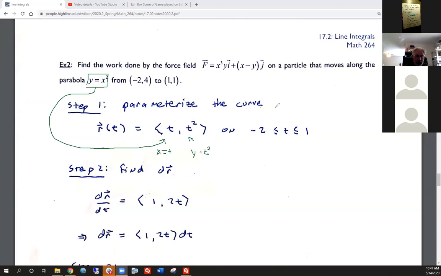Anytime you parameterize, you need to say where the limits of integration are, that is, where the parameter lives. In this case, because x is equal to t, your t values are going to range between -2 and 1. Questions about the parameterization?